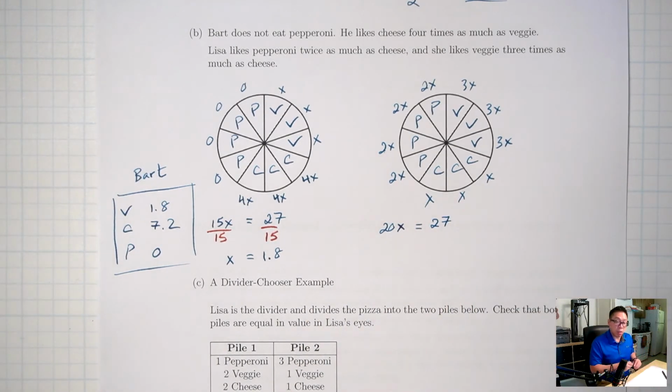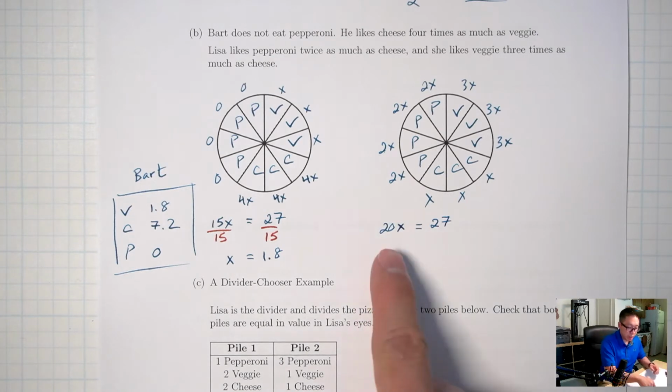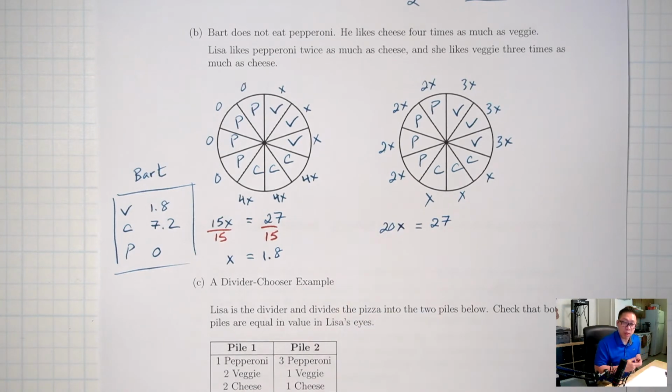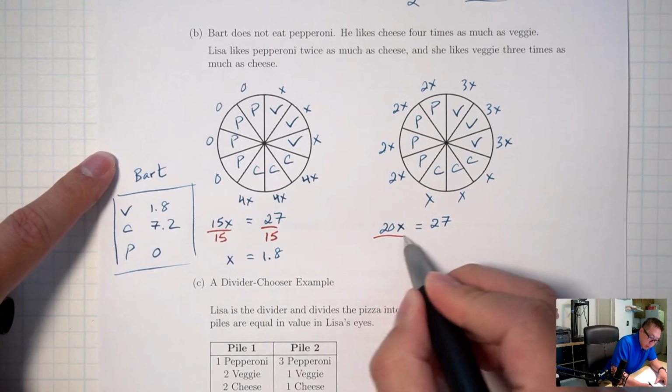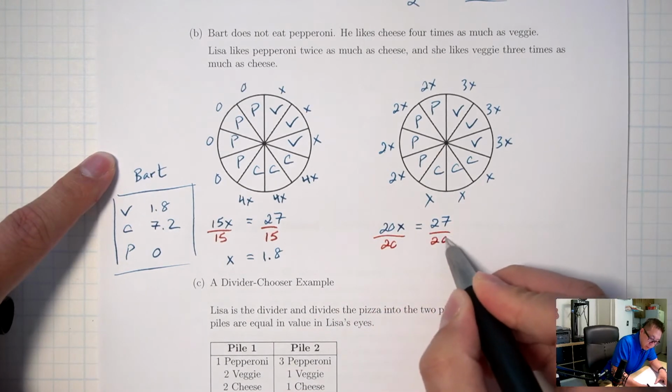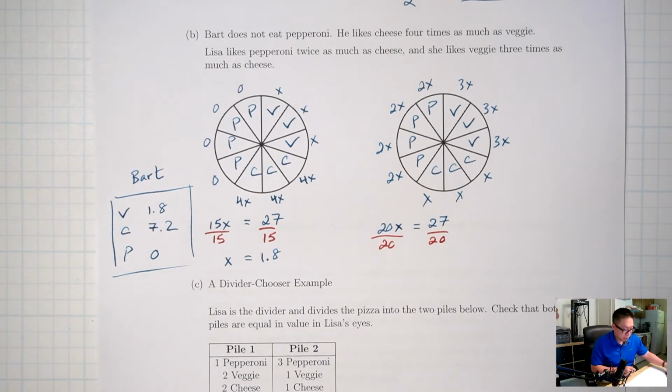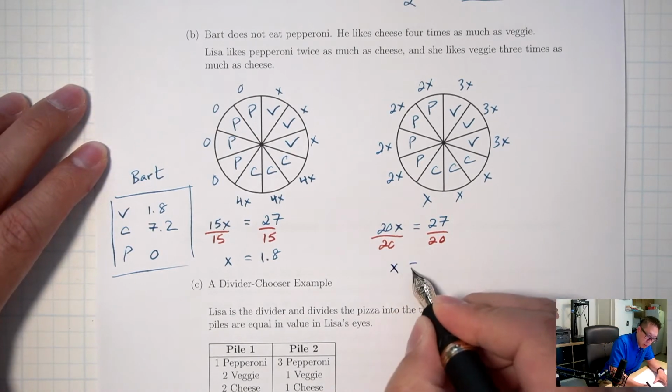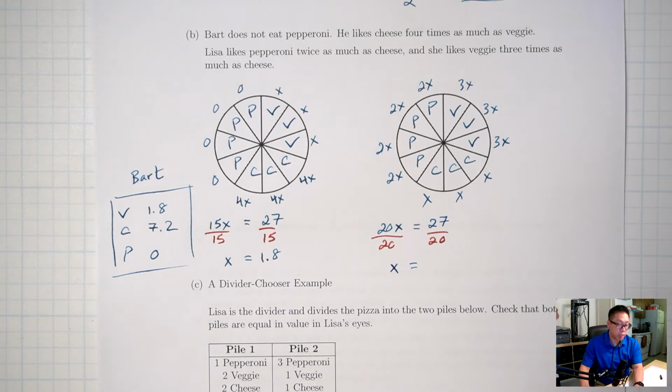And then get the x by itself. I need to get rid of the 20, so divide both sides by 20. Left side, the 20's cancel out, and you have x. Right side, 27 divided by 20 is 1.35.